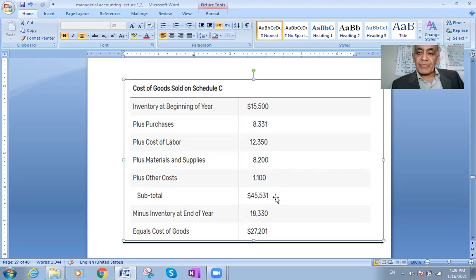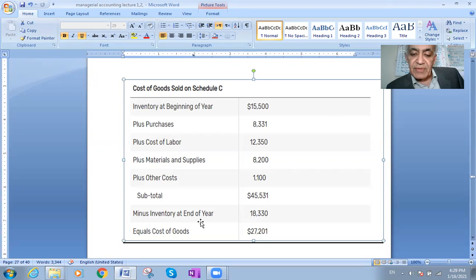But still, I have inventory that is not sold, so I have to subtract it. This is the total, 45,531, of the previous numbers.